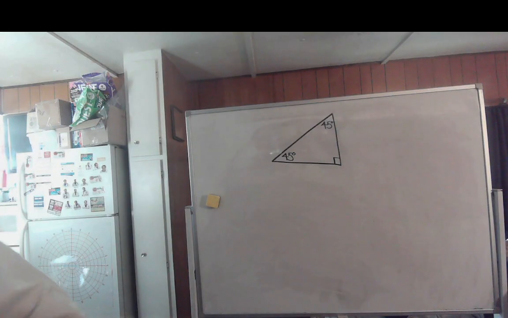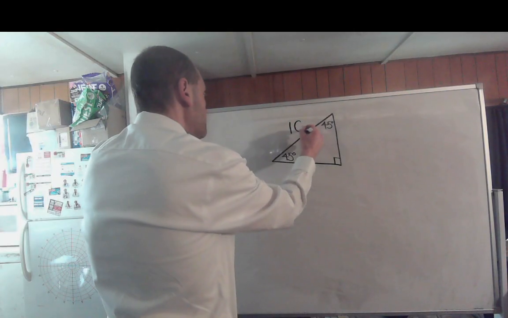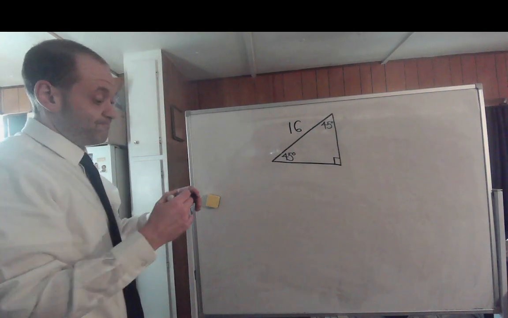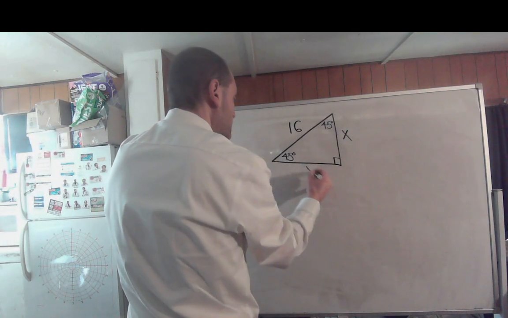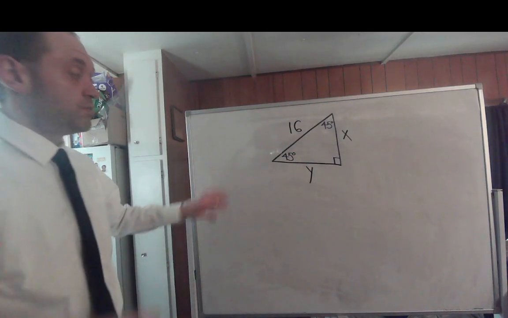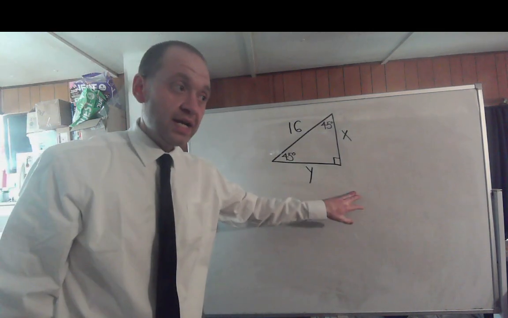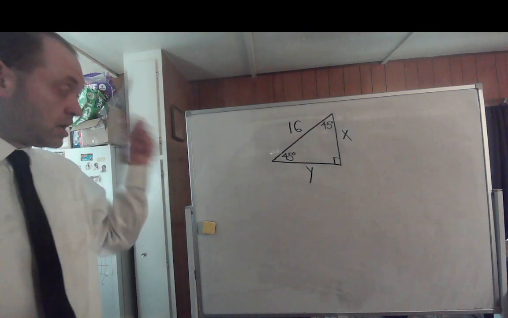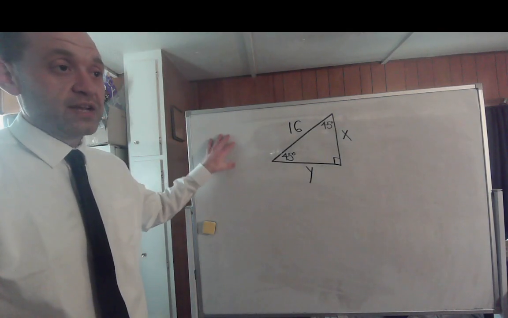Let's change it a bit. So this time you only know the length of the hypotenuse, you don't know the length of the legs. Well, what's true about the hypotenuse of a 45, 45, 90 right triangle?